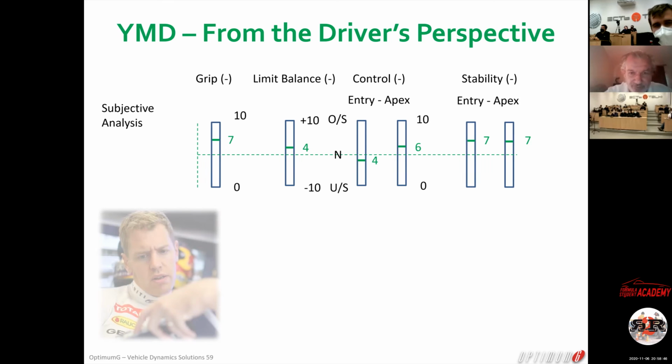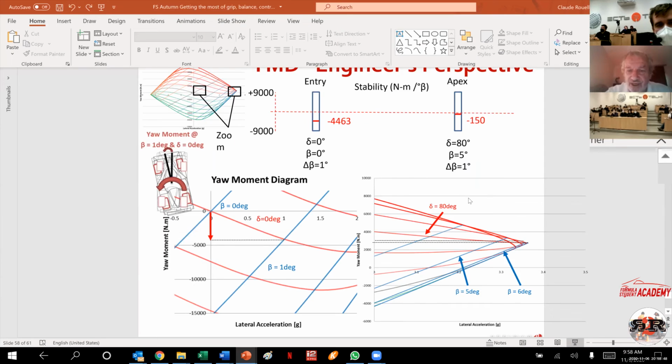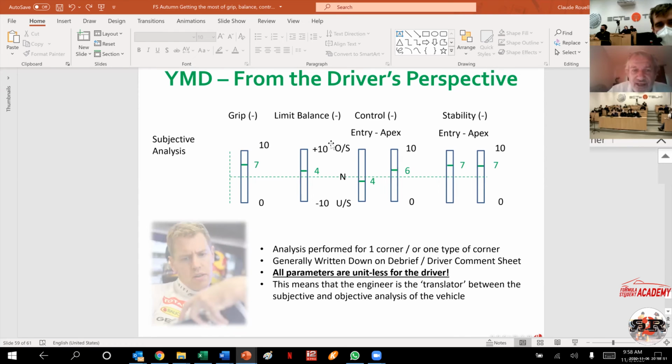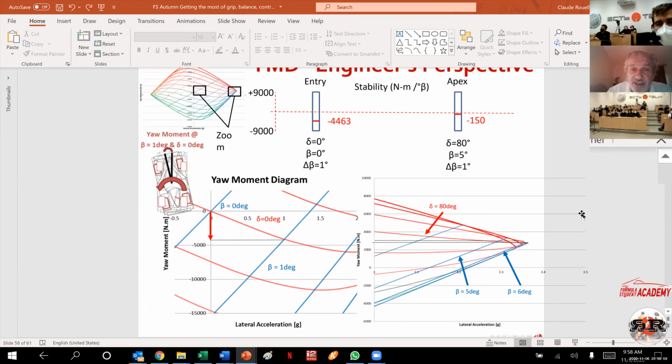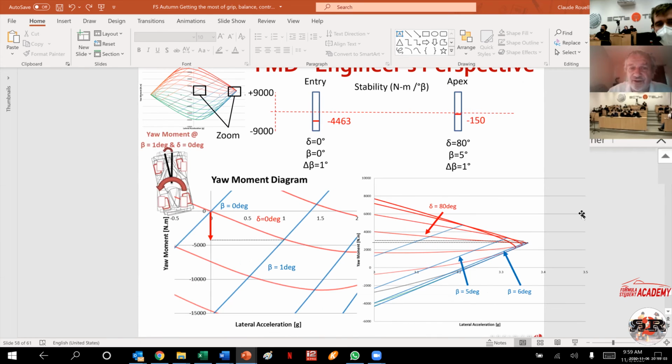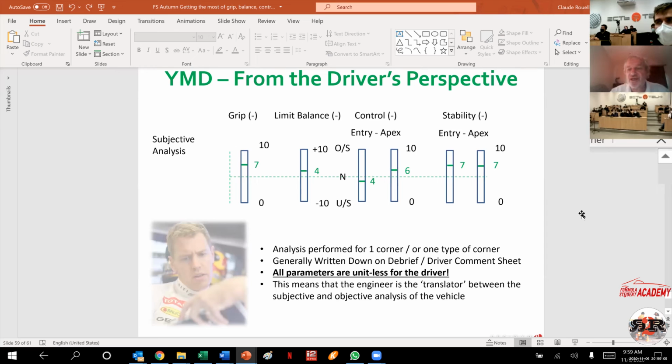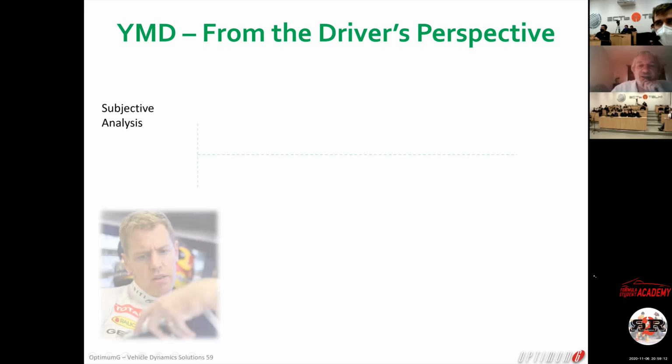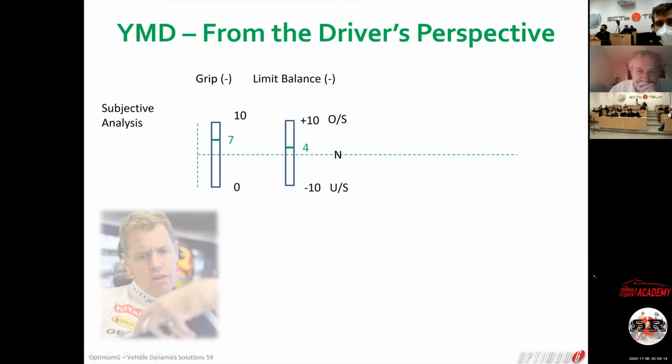Here's the thing. You are going to start to associate this intuitive, subjective number from the driver with these numbers here, which are grip, balance, control, and stability. So you are creating a dialogue between the driver and the engineer. And for example, let me give an example.